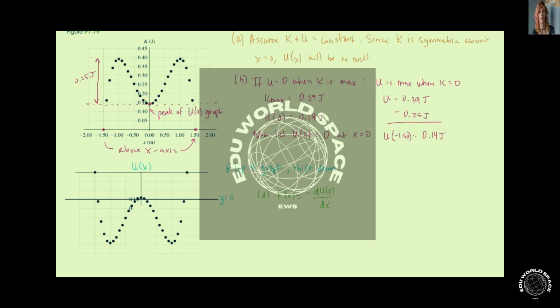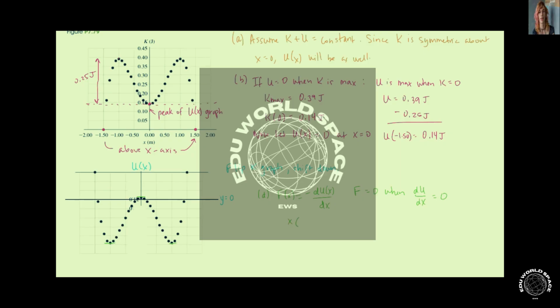So F will be 0 when dU dx equals 0. And that's going to occur at our local minima and maxima.